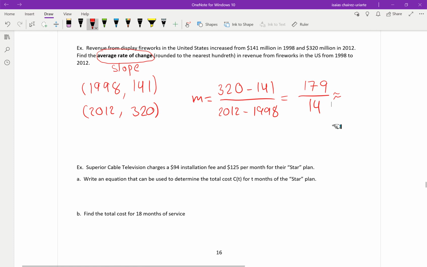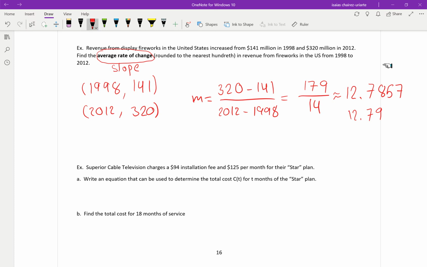This is an approximation, saying 12.7857, but I need to round to the nearest hundredth. So the nearest hundredth is this 8 right here. So I'm going to say 12.79.